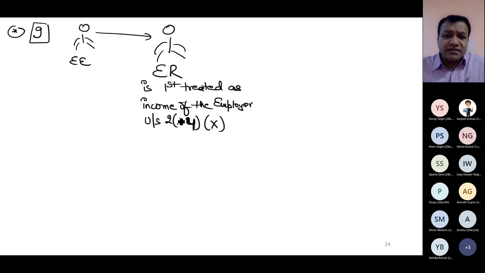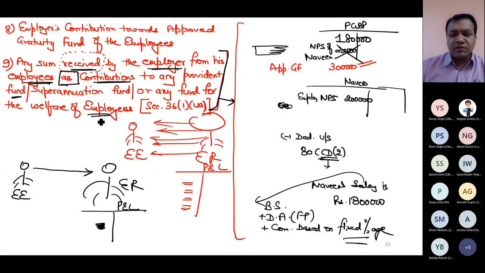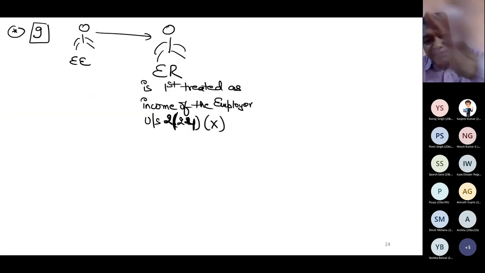Any such amount which the employer receives from the employees in the capacity of the employer, and this amount is the employees' contribution to provident fund or any fund for the welfare of employees, first it will be treated as income of the employer.